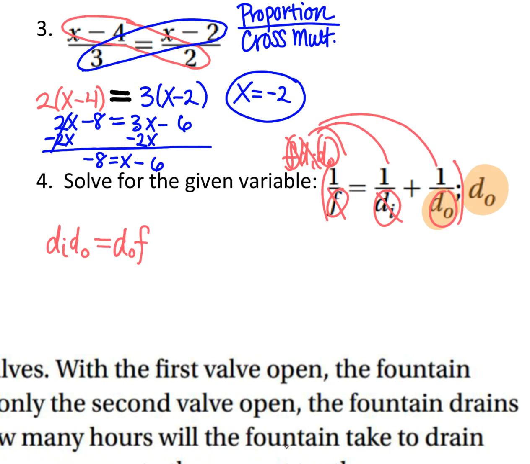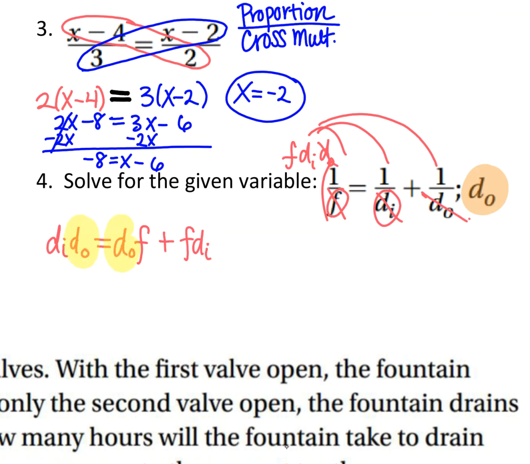Then I'm going to multiply this last one. I'm canceling it so many times I can't see what's left. Okay, so this time the d0 cancels, and I have plus f di. Okay, so now we don't have anything in the denominators anymore.